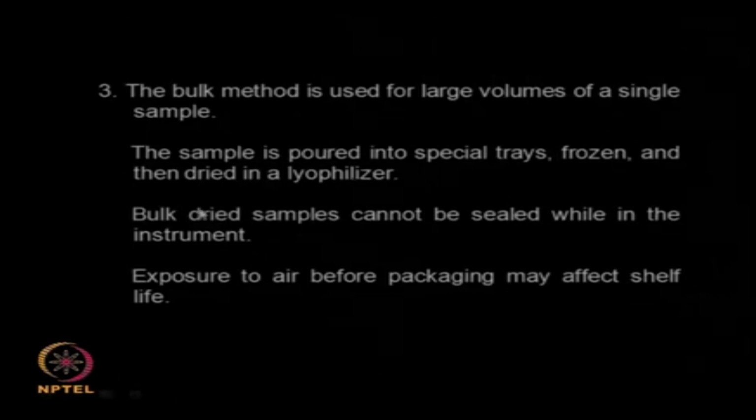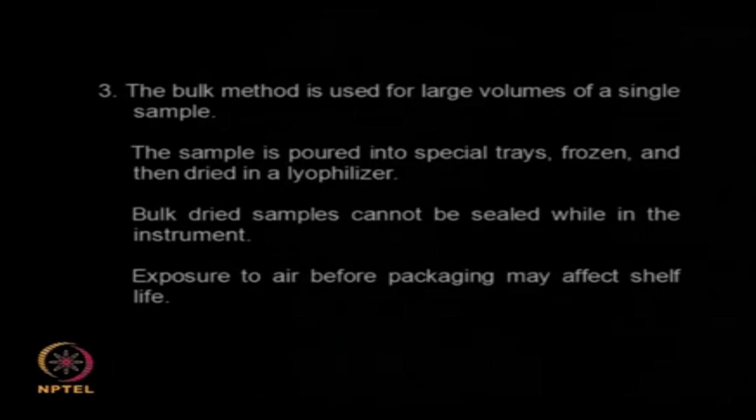But one thing is, you cannot take these samples and again seal them separately, because if you do that and you are exposing it to air, sometimes the oxidation may affect the product quality or product stability. So if you want to avoid exposing the material to the outside atmosphere, the best method is manifold drying or vial drying.